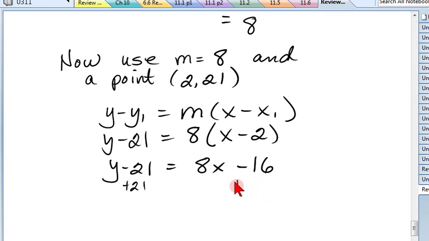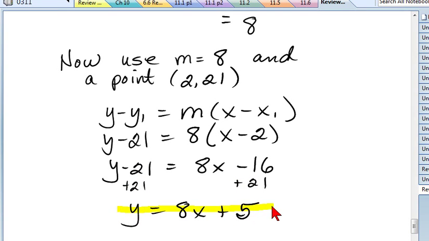Add 21. And y is equal to 8x plus 5. Okay, two-part problem.